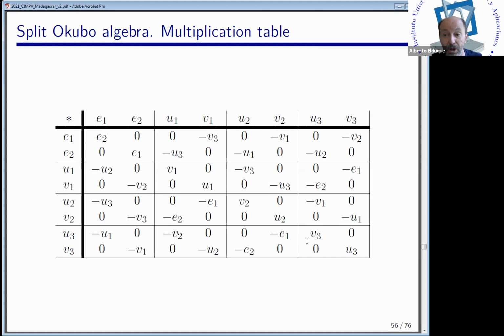So the split Okubo algebra is the direct sum of 4 isomorphic two-dimensional algebras, which by the way are para-Hurwitz in dimension 2. And then we mix all the 4 para-Hurwitz subalgebras to get the whole multiplication. Okay, so this is the split Okubo algebra.